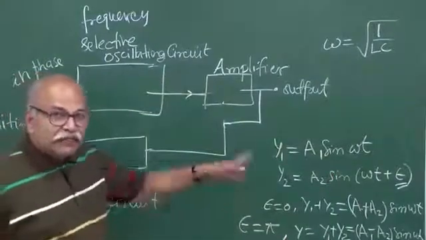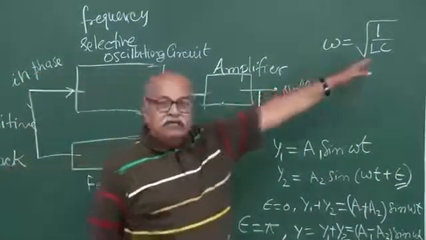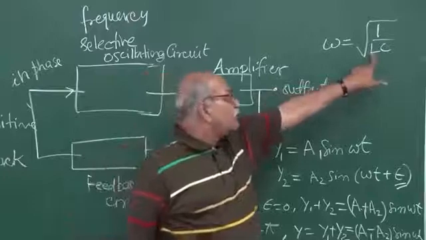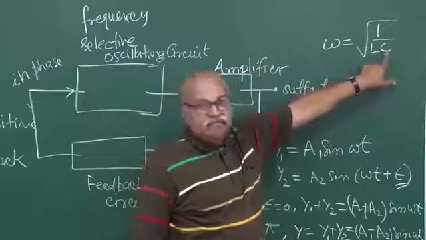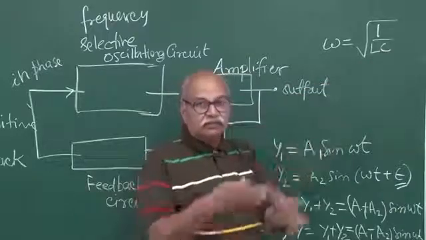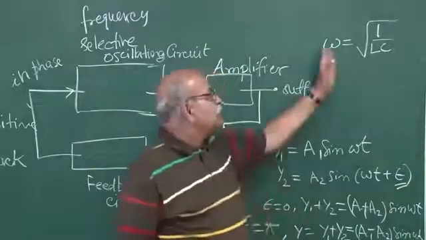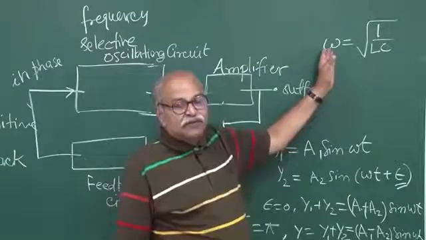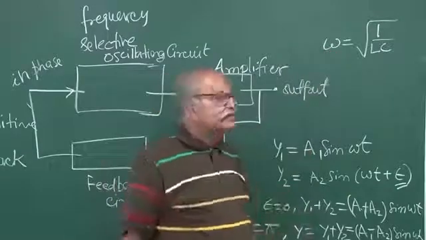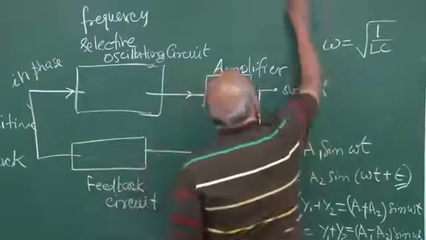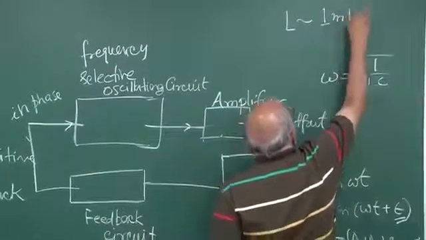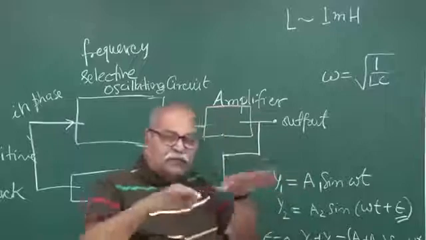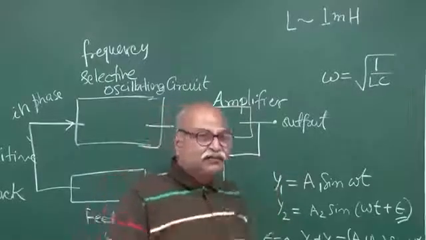So typically, if you look at this expression and use the commonly available inductors and capacitances, and you put those values, then you can see that this omega, or this frequency, will be in the kilohertz region. For example, L, inductor, say let's say 1 millihenry. That's typically of that order.